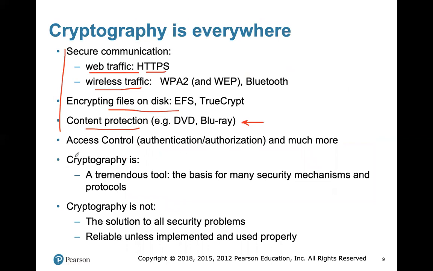Okay, based on these things, cryptography is a very powerful and tremendous tool that is the basis for many security solutions and mechanisms. But at the same time, we should know that cryptography or encryption is not the solution for all security problems.